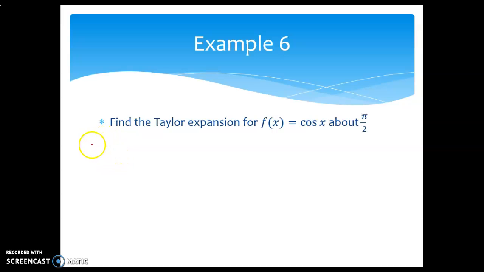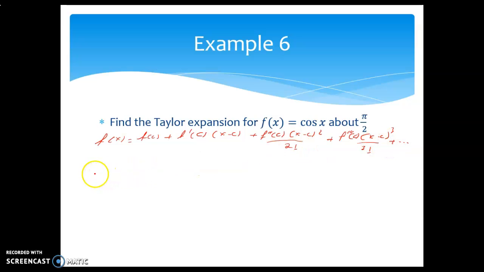So Taylor series have the following form: f of x equals f of c plus f prime of c times x minus c plus f double prime of c, x minus c squared over 2 factorial, plus f triple prime of c, x minus c cubed over 3 factorial, and it goes on.